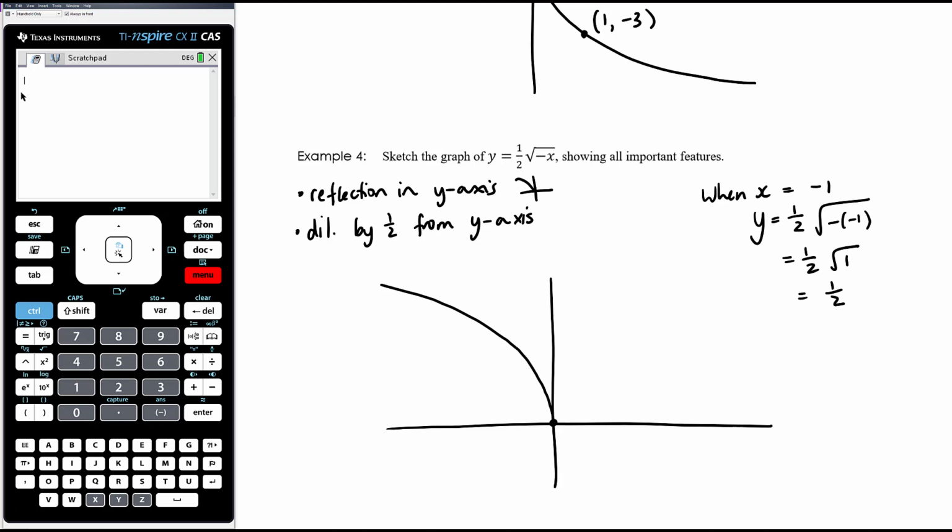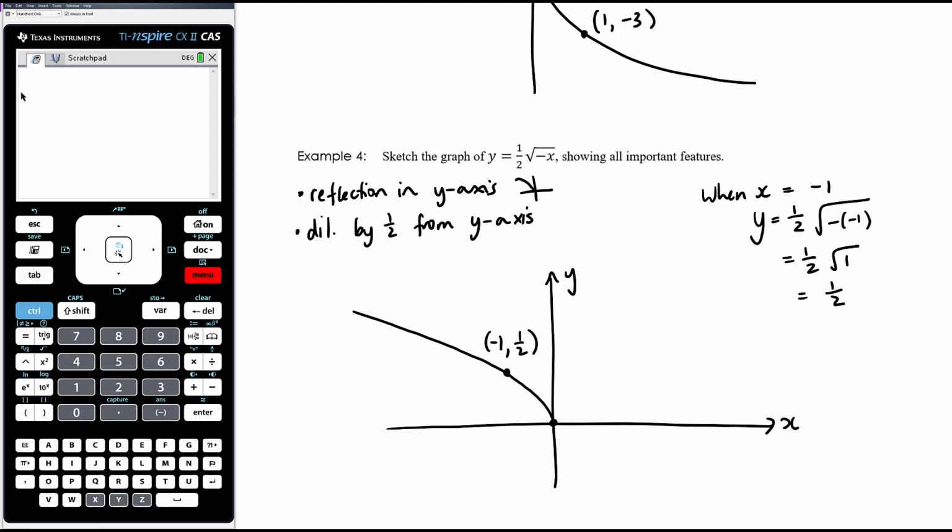So we can mark this point here as being -1, 1/2. Sorry, I squashed it in the wrong way, didn't I? I mean, it doesn't really matter. I've got another scale, but I'm going to draw it a bit flatter than that. -1, 1/2.